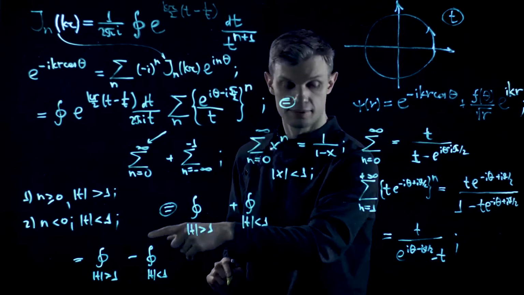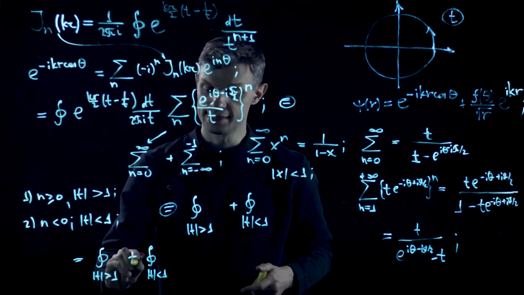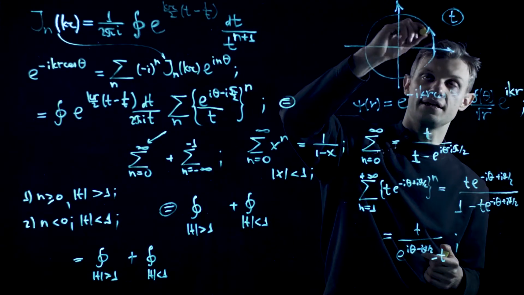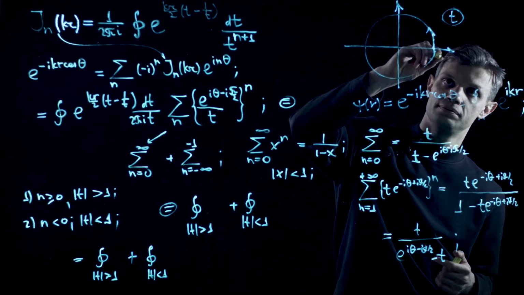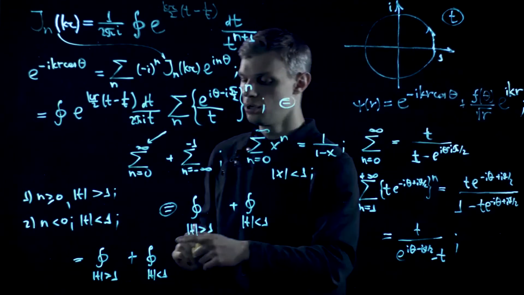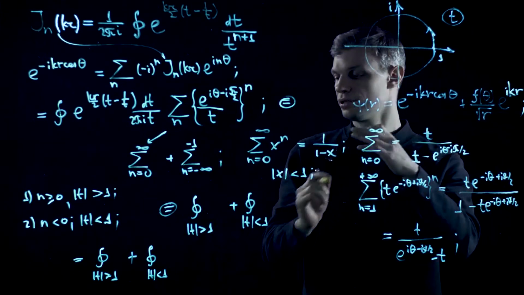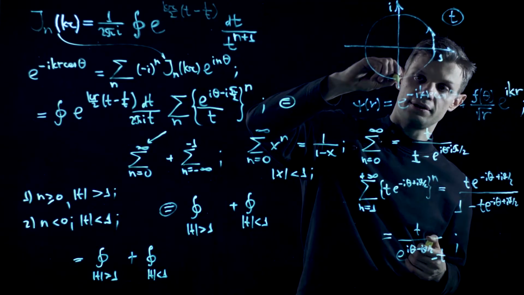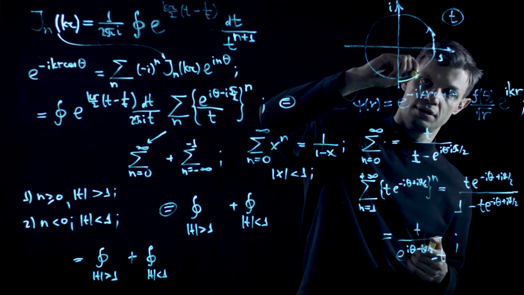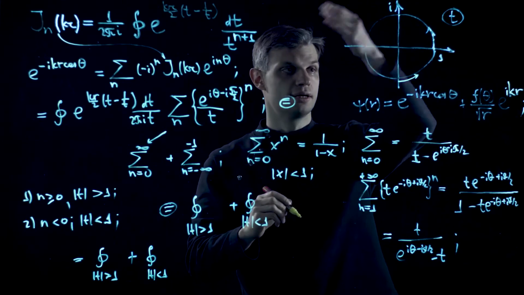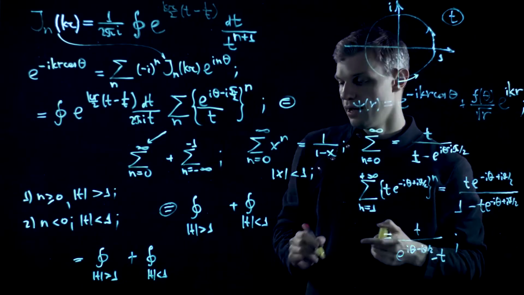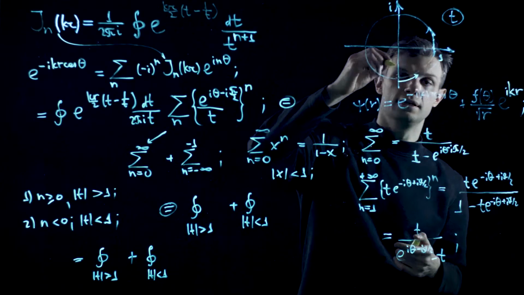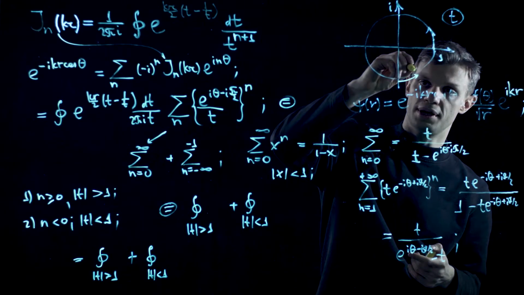Or we can change this minus sign to plus, but understand that this is the unit circle. And we understand the first integral is taken in the counterclockwise direction along the circle which is slightly larger than the unit circle. And the second integral is taken in the clockwise direction along the smaller circle.